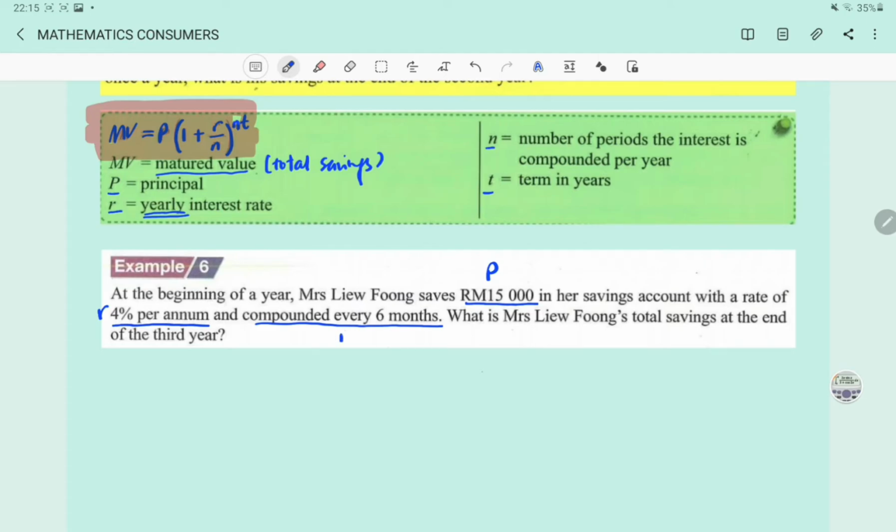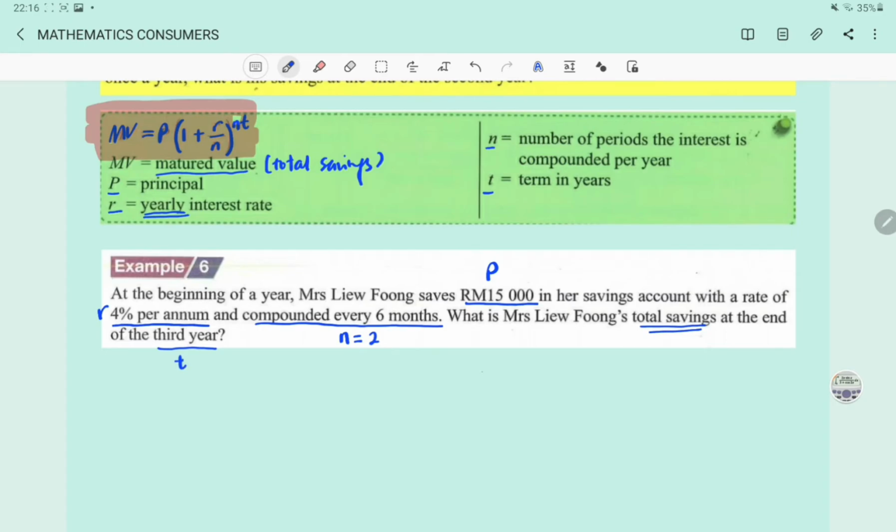So you have to determine the number of times the interest is compounded in a year. This is twice. What is Mrs. Liu Fong's total saving at the end of the 3rd year? This is T.